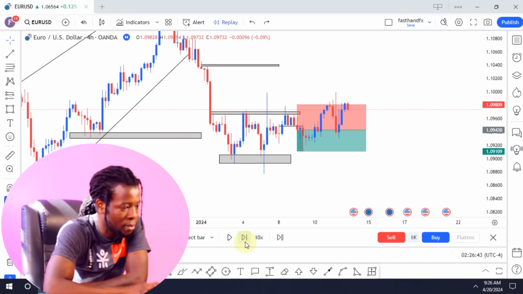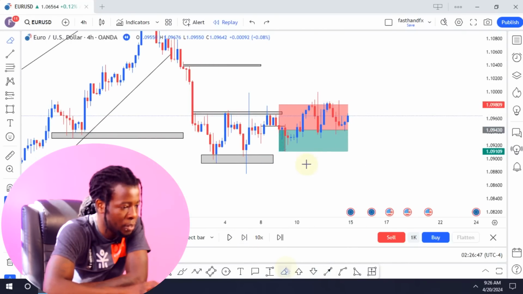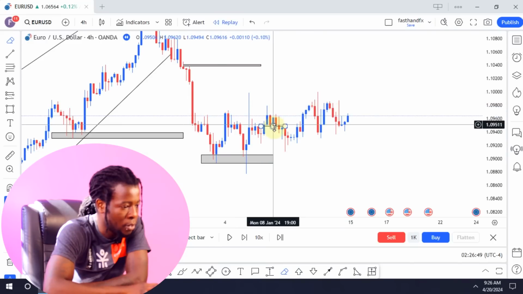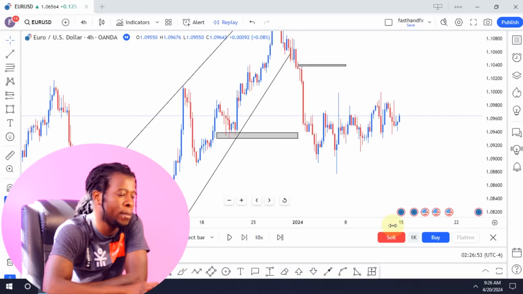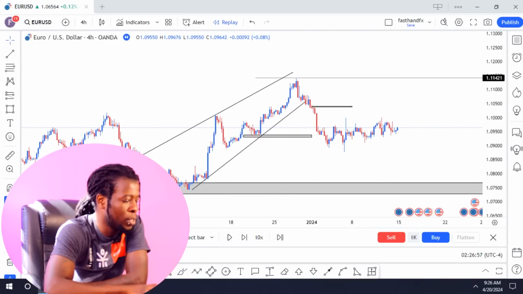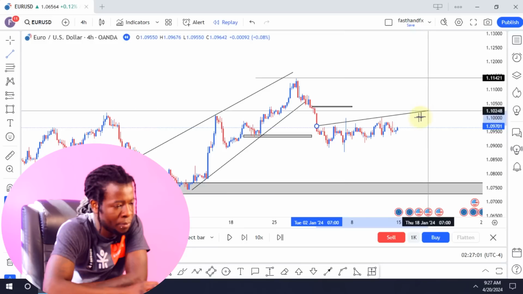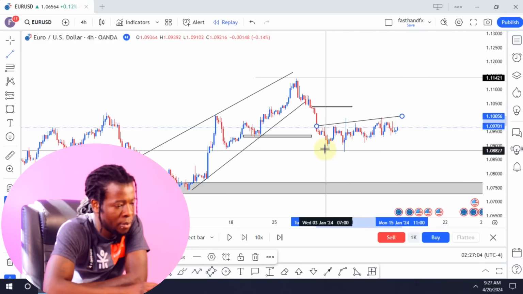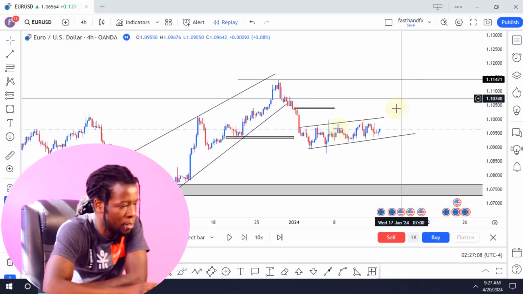Down as usual. Okay, I'll remove these two and try to understand what the market is doing. Guys, this market is not looking good after that news, but at least we got something. I don't like it now. Of course, this one's looking like a continuation pattern, impulse correction continuation, but let's see.